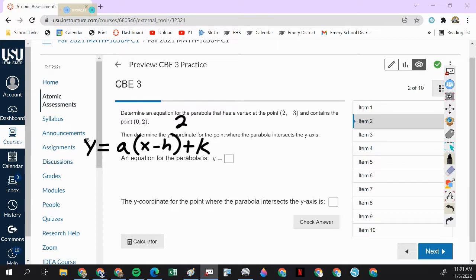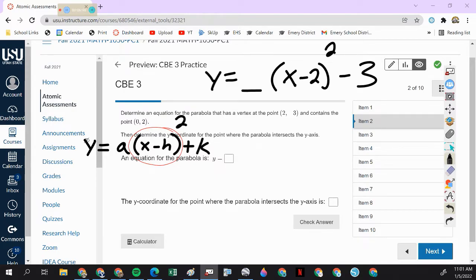So hk is the vertex, and notice the inside is opposite, and the h is opposite, and the k is not. So the final equation is going to be something times x minus 2 squared minus 3. All I need to do is figure out what the a value is, and I'll have the equation.